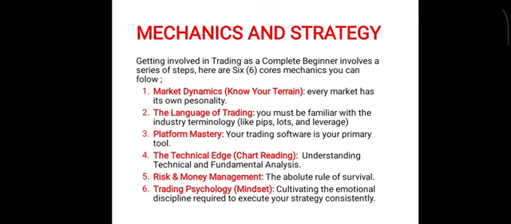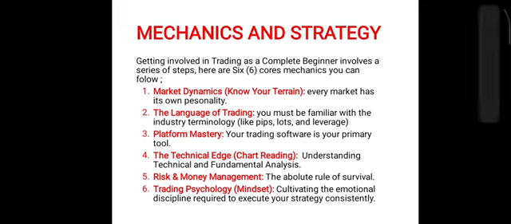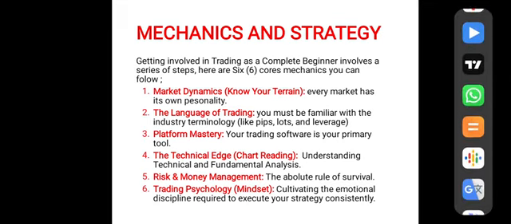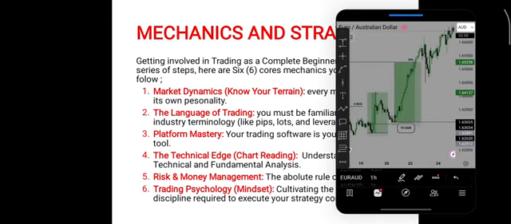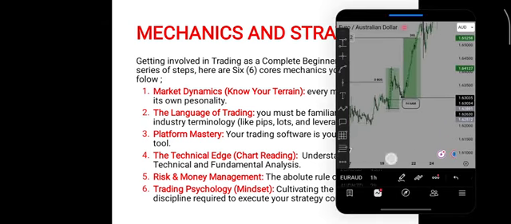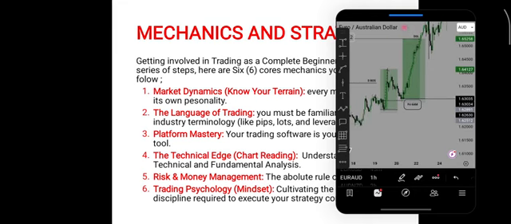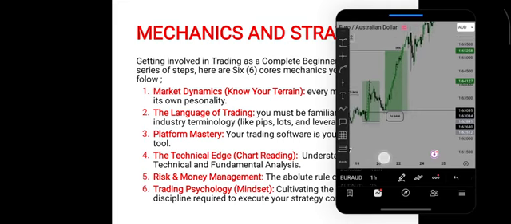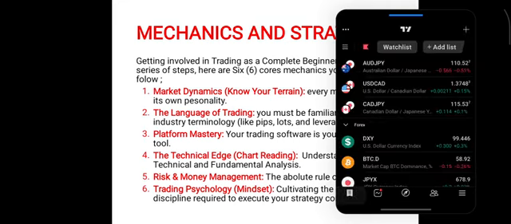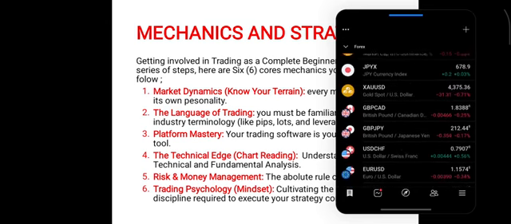Let me show you what technical analysis looks like. So on my TradingView, okay, this is a currency pair, EUR/AUD, that is the currency of Europe against the Australian dollar, right? Let's say I want to check the price action of gold.